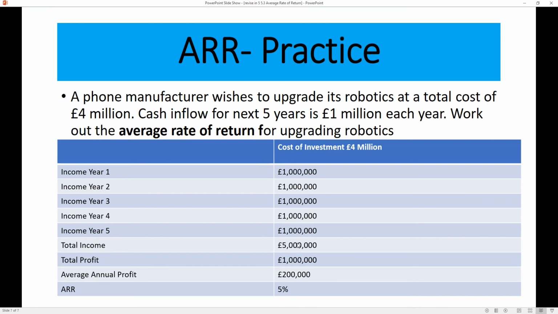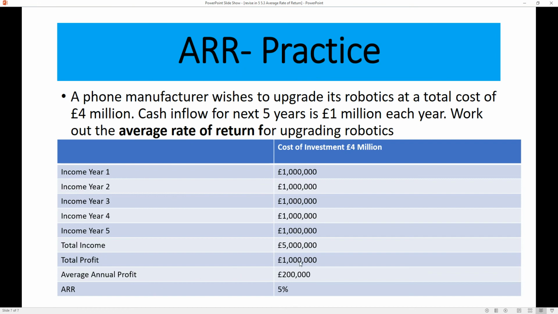I then work out the total profit by taking the total income minus the cost of investment, which is 4 million. So 5 million minus 4 million is going to give me £1 million total profit. That £1 million total profit needs to be divided by 5 years. This is where a lot of people forget. It's the average annual profit, not the total profit.